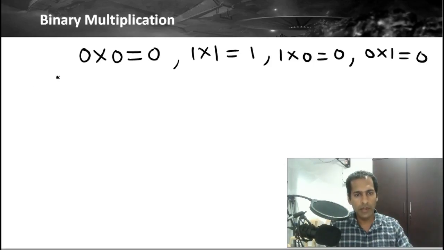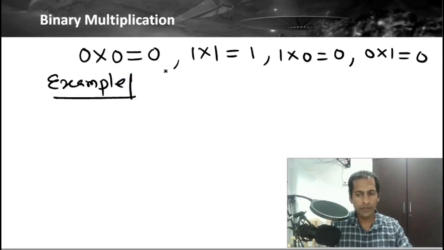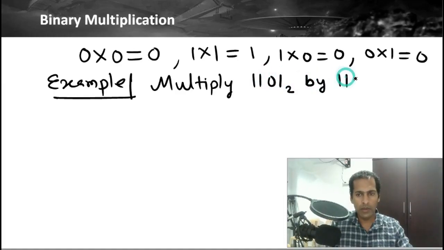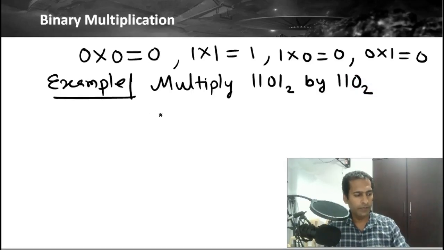So let us see one example. Say an example on multiplication. We have a question like multiply 1101 binary by 110 binary.